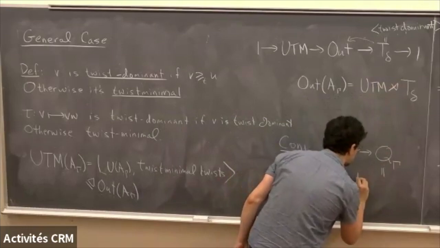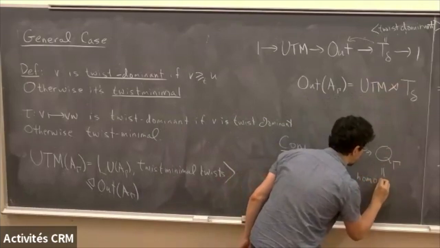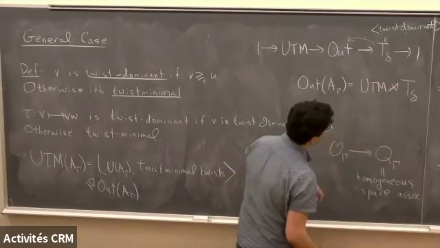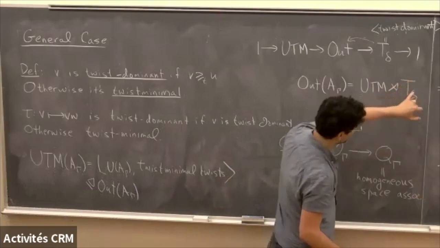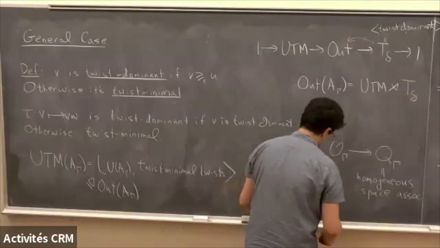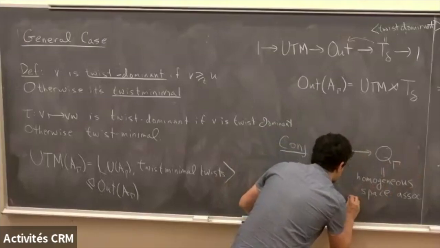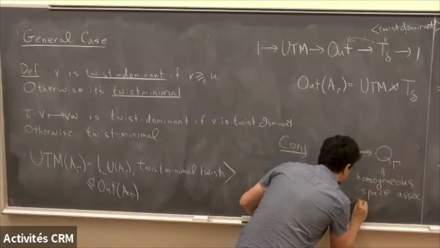So this is a homogeneous space associated to, well, associated to what? This is like the Z points in some linear group. And so then you can extend to R to some Lie group.